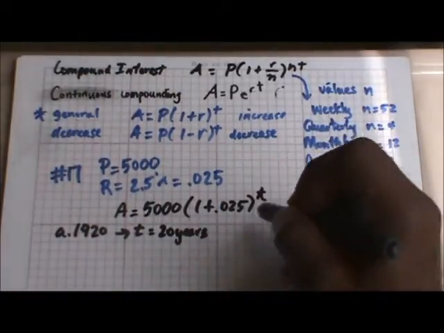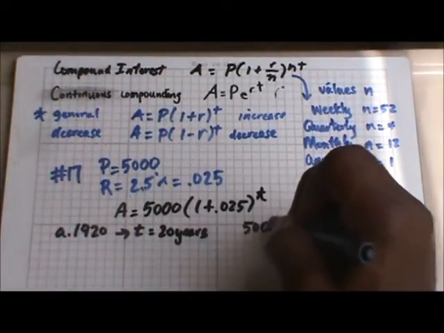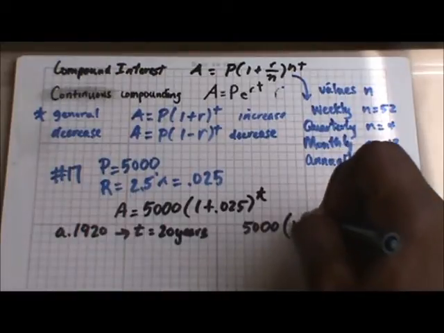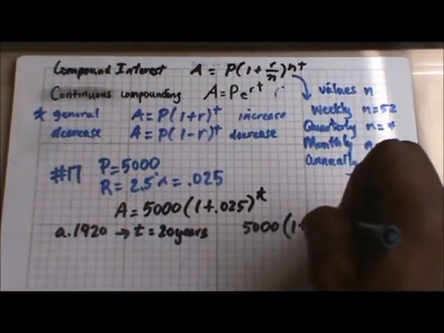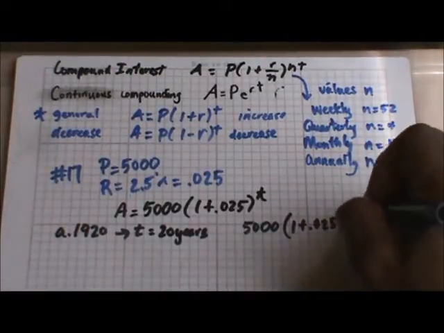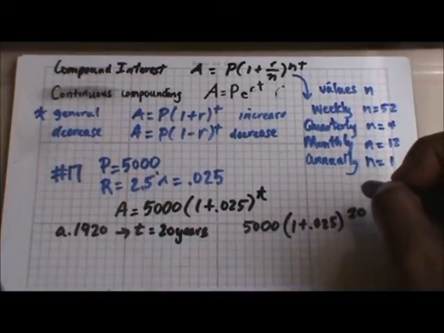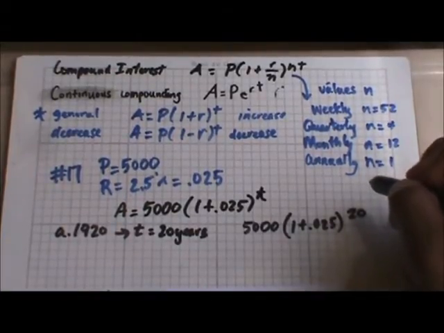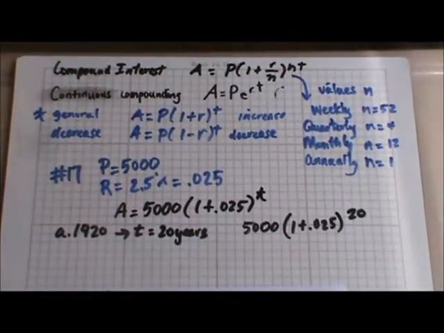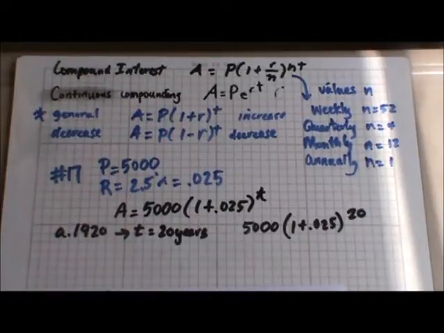So we go 5,000 times 1 plus 0.025, or you can bring that together, to the 20th. If we do the math in our calculator for that problem, what do we get if we punch it in?